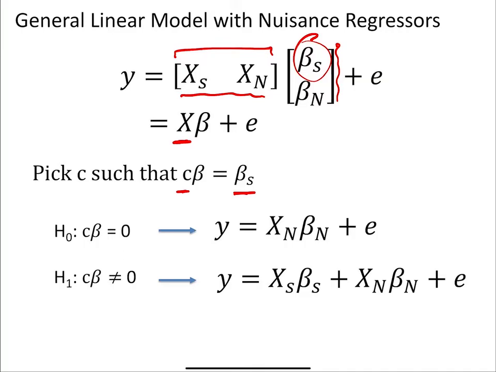In this case, the null hypothesis is C beta equals 0, which is the same as saying all my signal betas equal 0. Once again, the data is the nuisance plus everything else. And when C beta is not equal to 0, then my signal part comes in. So that's essentially what we're doing.